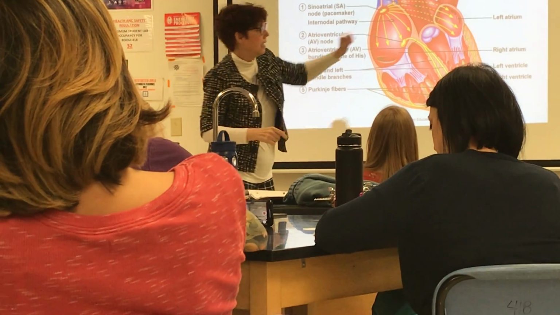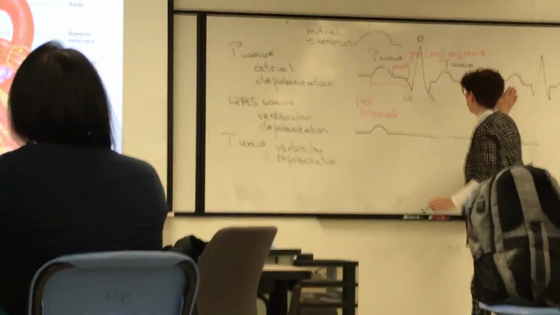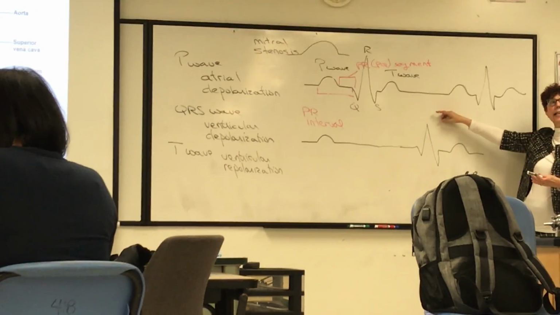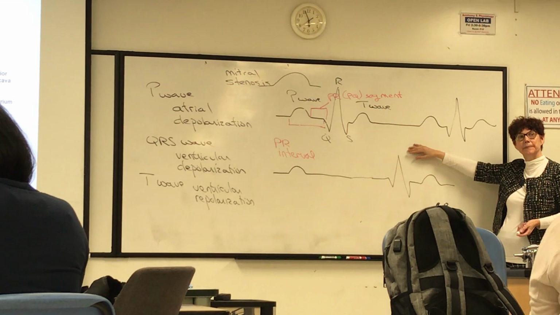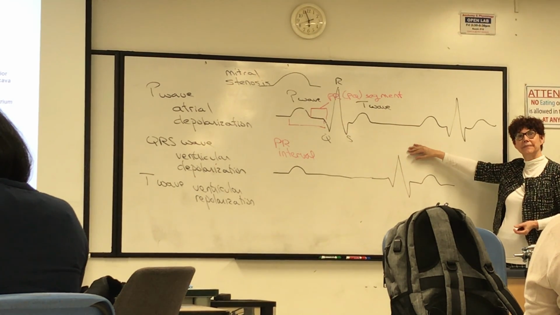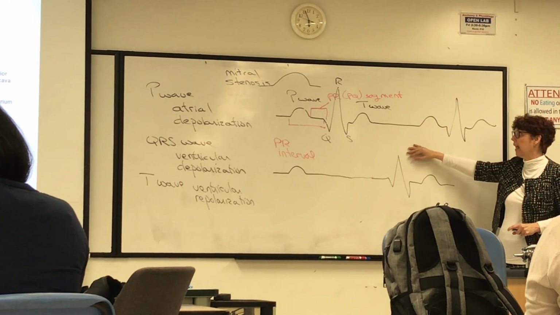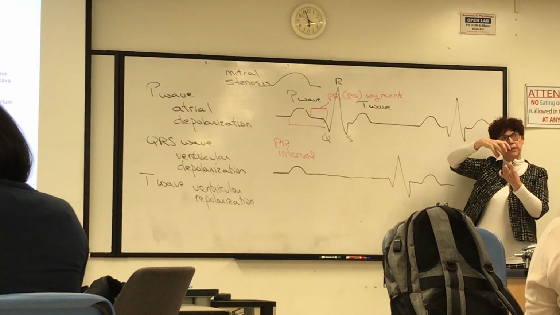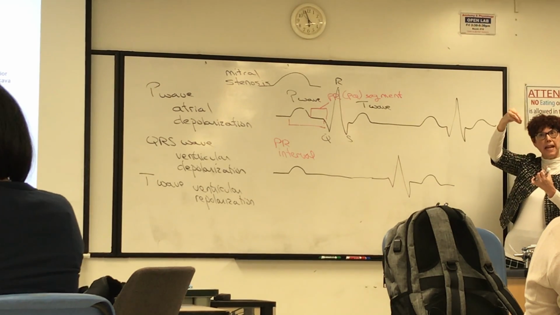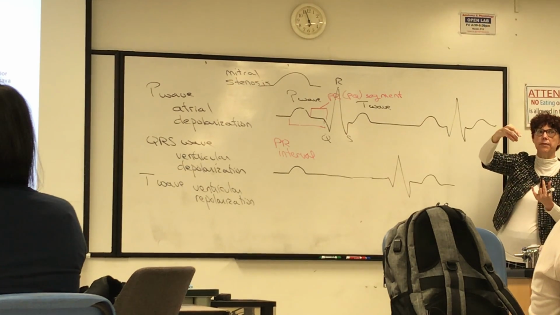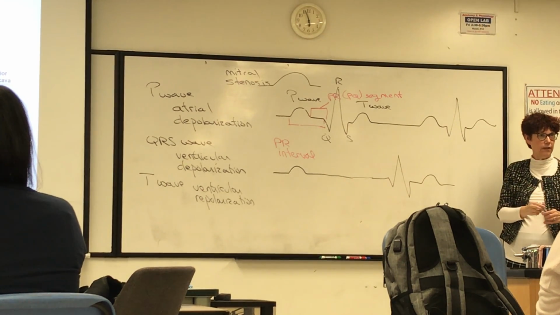So they never contract at the same time. But during the flat straight segment here, between the T wave and the P wave, they're both relaxed. All right? And if they're both relaxed, what valves are open? The atrioventricular valves are open. The bicuspid and tricuspid valves are open. And so the atria are relaxed, blood is returning to the heart under low pressure, and blood is flowing through the atrioventricular valves into the ventricles.